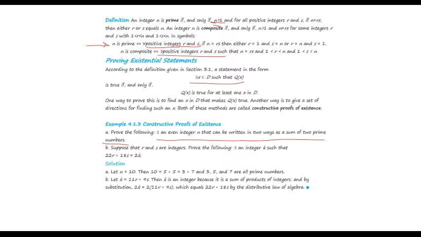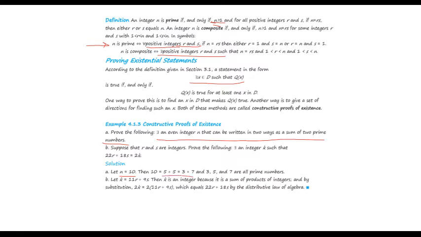So we are going to use the constructive proof of existence. We are going to show that n equals 10 has such a property. So 10 can be written as both 5 plus 5 and 3 plus 7.